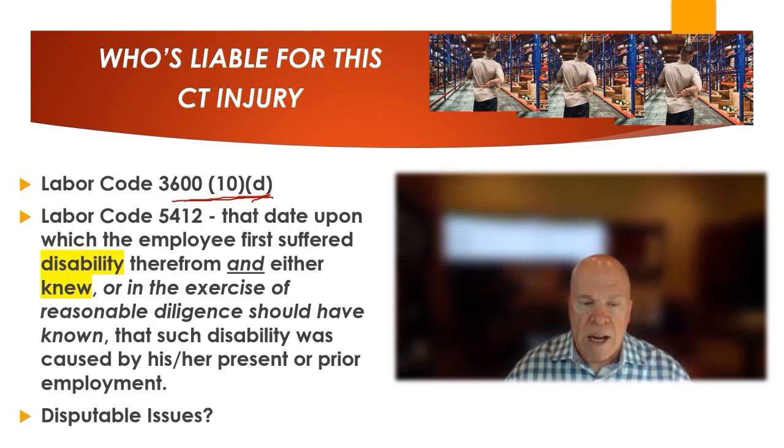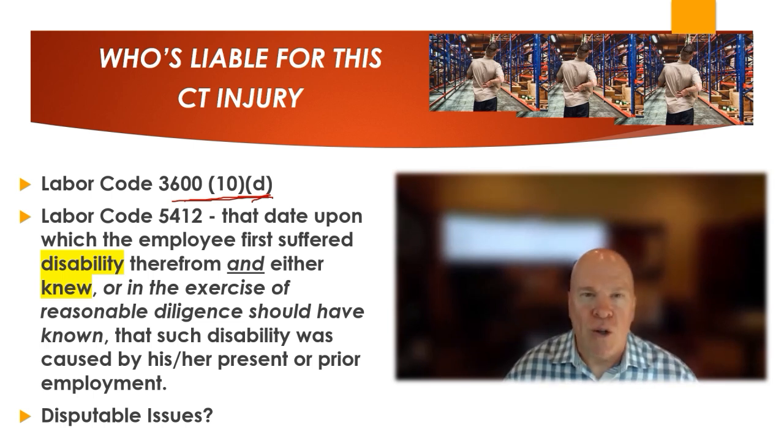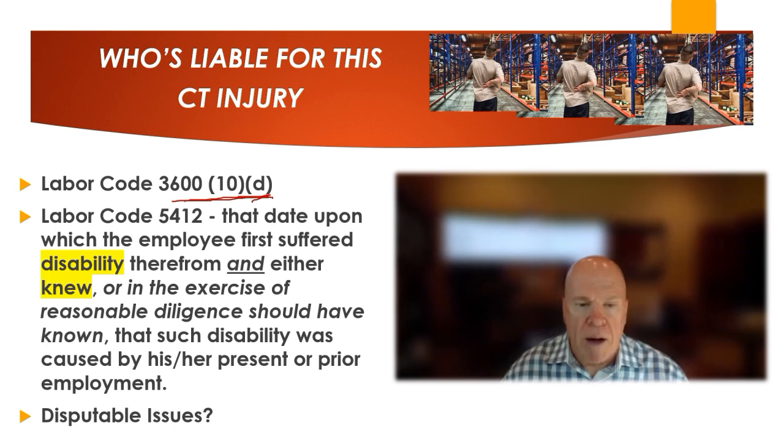As we look through the language of this paragraph, let's ask ourselves, in this paragraph, what are some of the issues that can be disputed? Where are some of the disputable issues found within this paragraph? Well, how about this? How about the date?